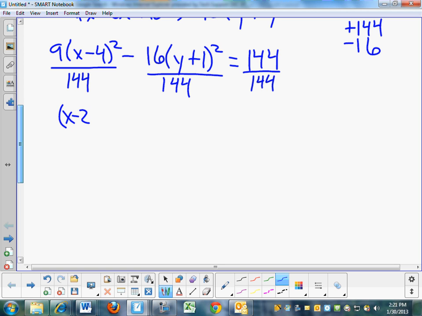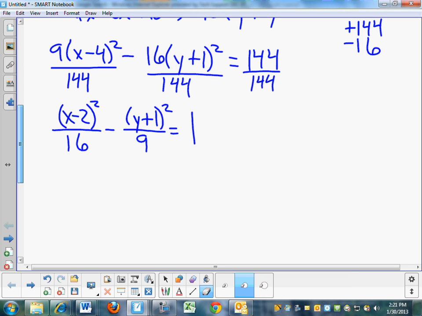So we have (x minus 2) quantity squared over 16 minus (y plus 1) quantity squared over 9 equals 1. Oh, I put a 2 in there. I'm sorry, x minus 4. Now it's in a form that we could deal with.